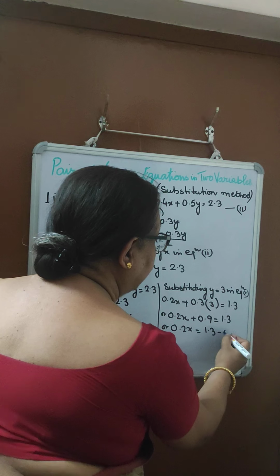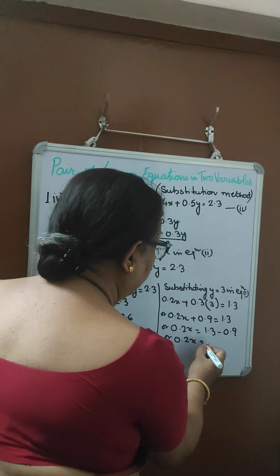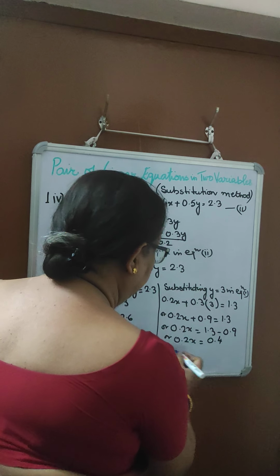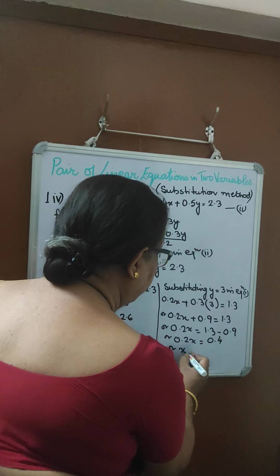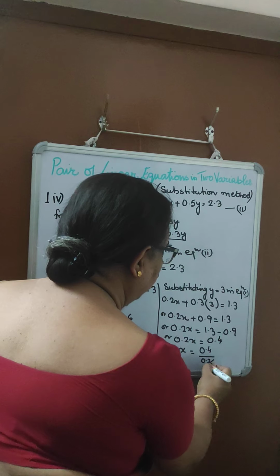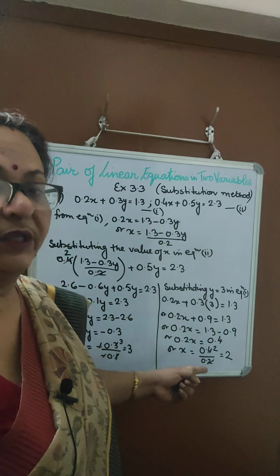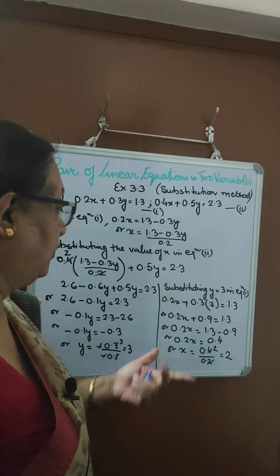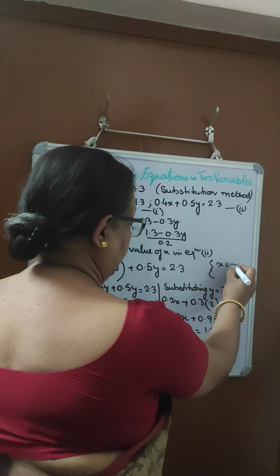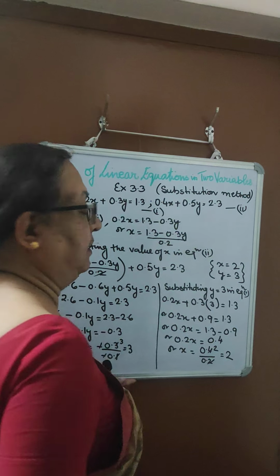You take it on the other side, subtract, you get 0.4, or x will be equal to 0.4 by 0.2. You have 2. So you got the value of x as 2. So what will your answer be? Your answer will be x is equal to 2, y equal to 3.